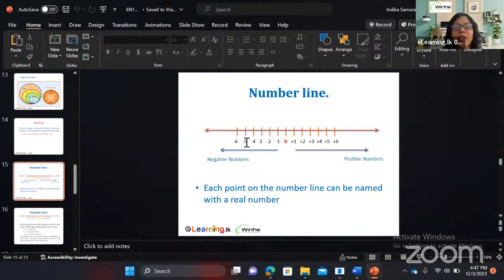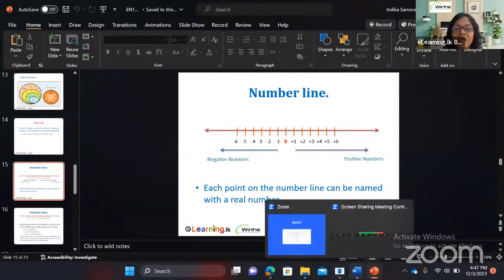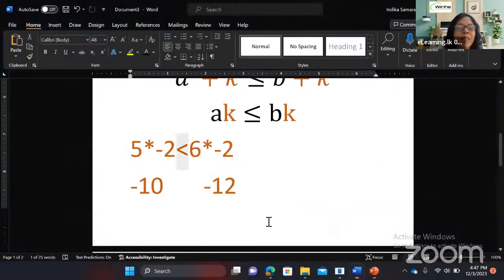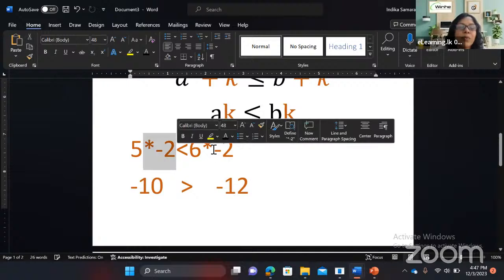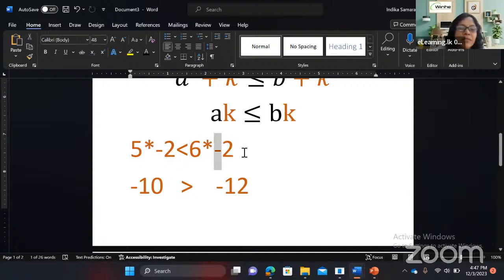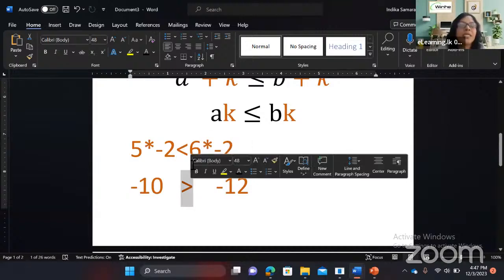Minus 5 is less than minus 4. Minus 4 is less than minus 3. That means what? Then minus 10 is not less than minus 12. Minus 10 should be greater than minus 12. So if you use a minus value for multiplication or division, the inequality sign should be changed. Right?